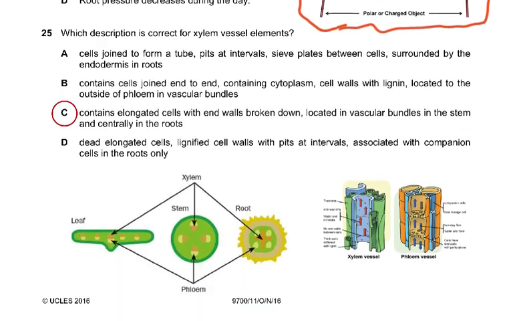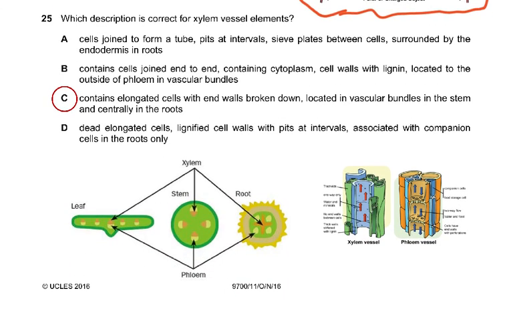Now, if you look at question 25, which description is correct for xylem vessel elements? You remember xylem, phloem, stem, root. The correct answer is contains elongated cells with end walls broken down, located in vascular bundles in the stem and centrally in the roots.